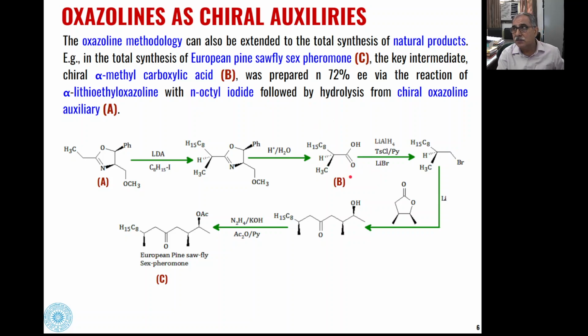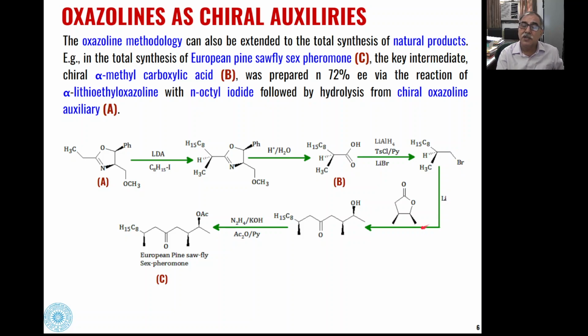Then these carboxylic acids on reduction with lithium aluminum hydride, and then treatment with toluene sulfonyl chloride and pyridine, will lead to the formation of alkyl halide.